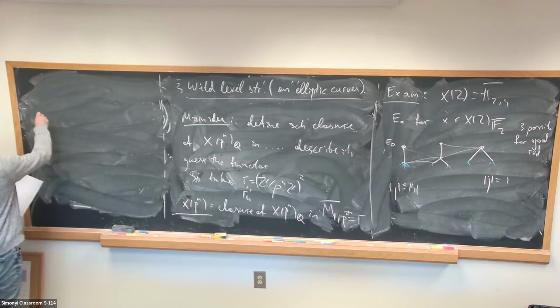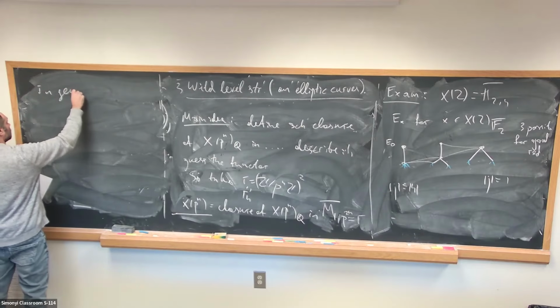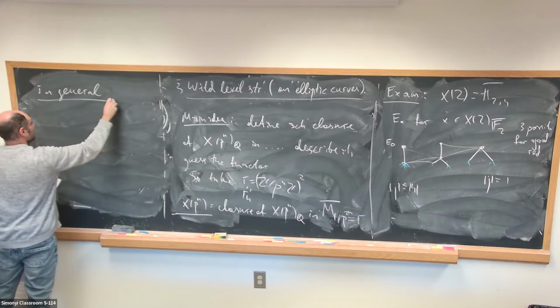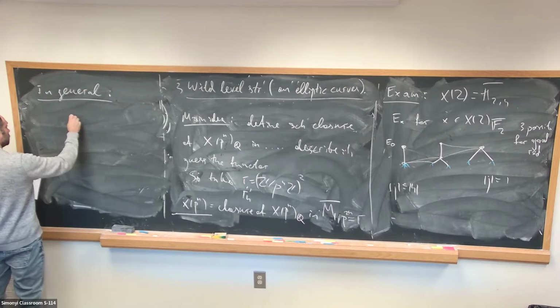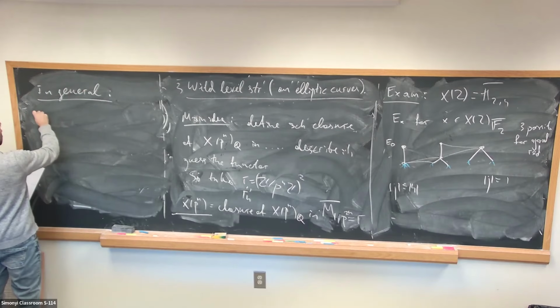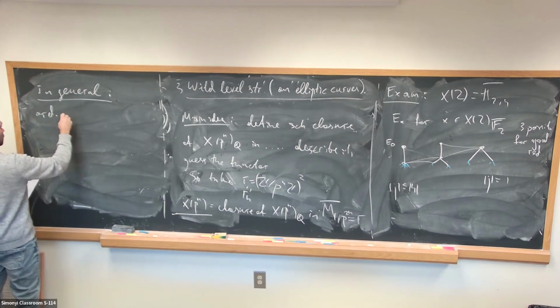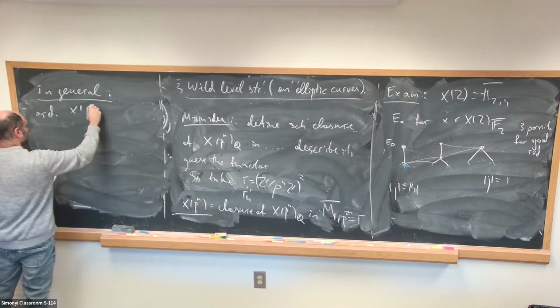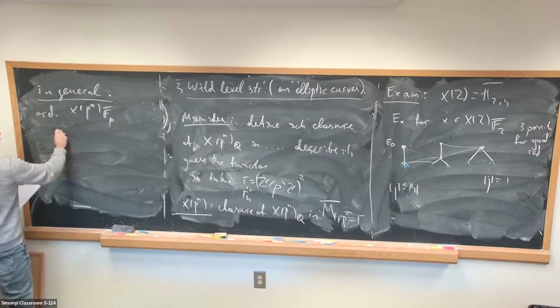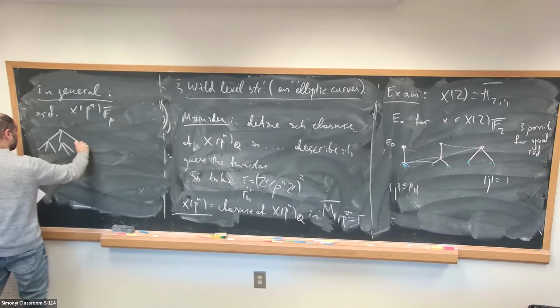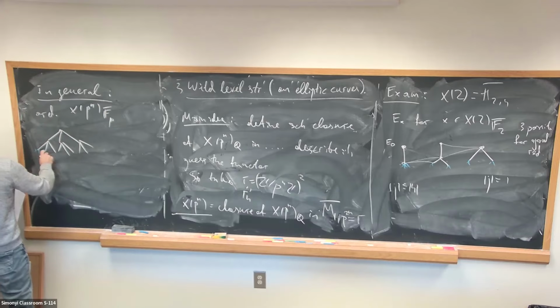And in general, well, I'm out of time. In general, the picture looks as follows in the ordinary situation. X_e^n of F_p bar looks something like this.